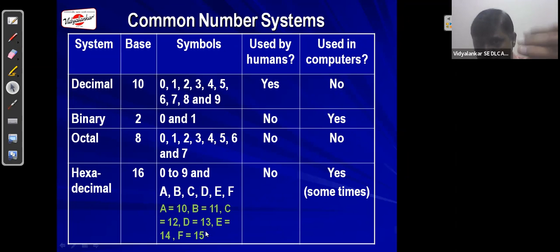What I was talking about 10 minutes before, key confusion and all that. Let me give a very simple, primary answer. The octal number system is nowadays totally outdated. No computer system uses the octal number system.